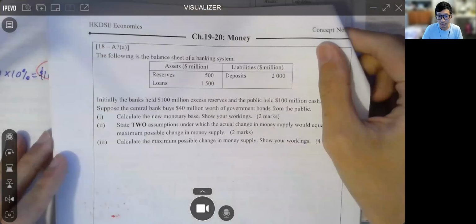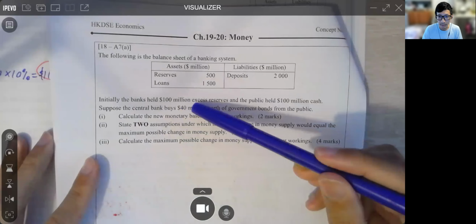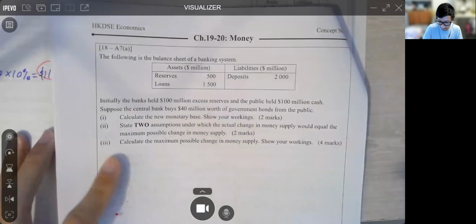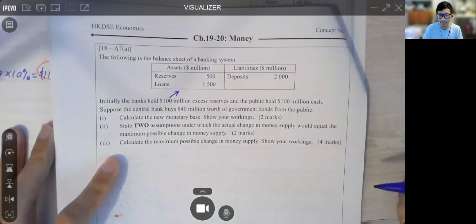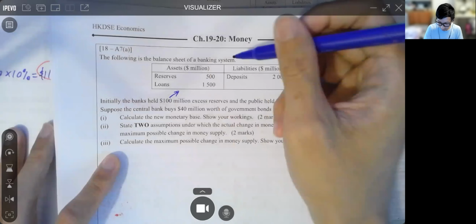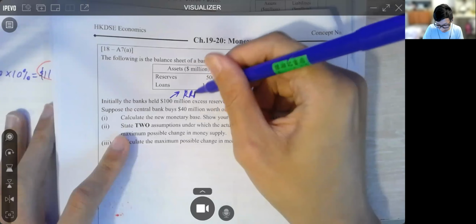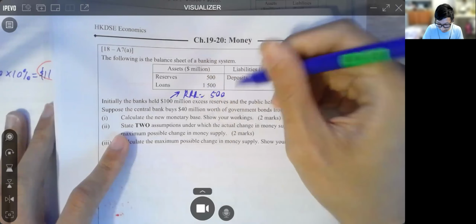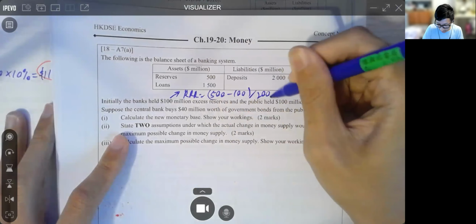Let's look at this one, 2018. Initially, the bank holds excess reserve, what does that mean? We first calculate RRR. RRR in our case would be 500 minus 100 divided by 2000.